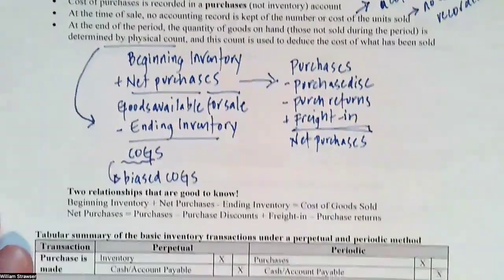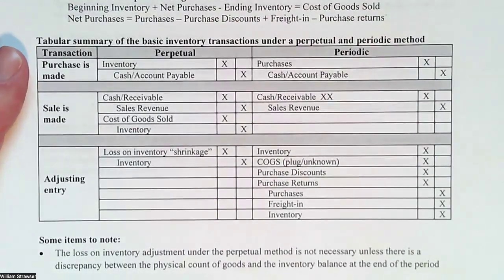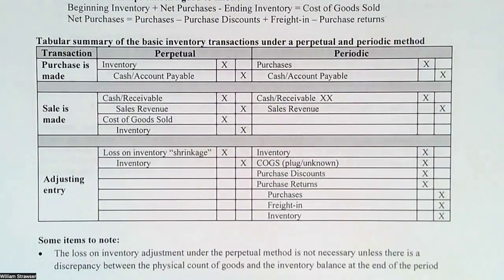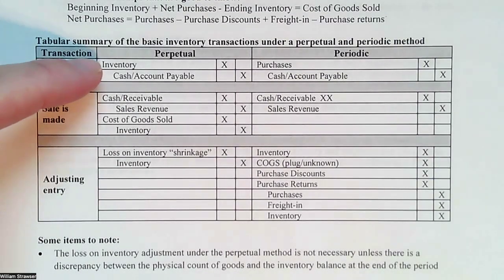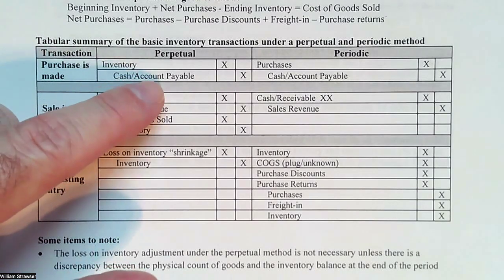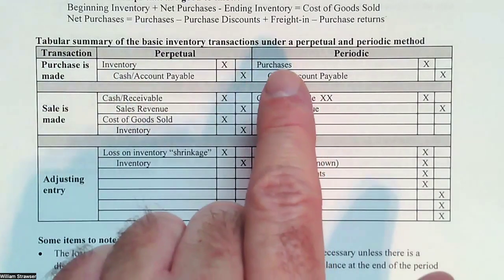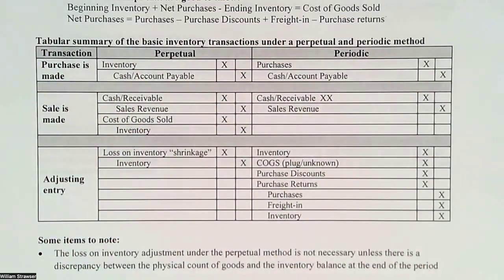Okay, so looking at the two systems, just another way of representing what we've said to this point. If a purchase is made under the perpetual system, I debit inventory and either I paid in cash or I paid on credit. Under the periodic system, instead of inventory, we debit purchases, same credit accounts.